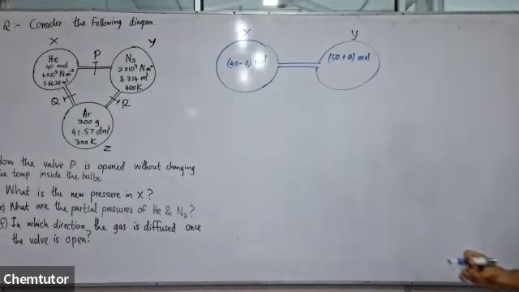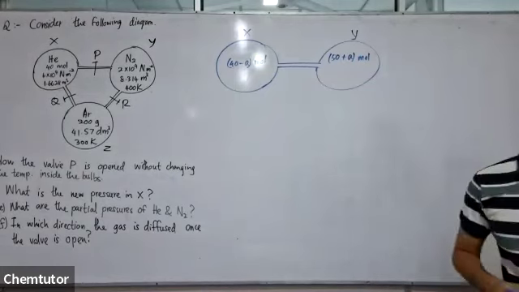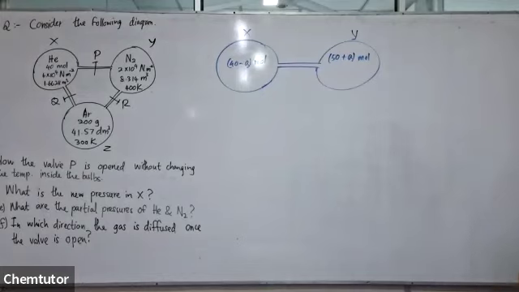In the previous calculations, I think we found the mass of N2. We can apply PV equals nRT and n will come as 50.